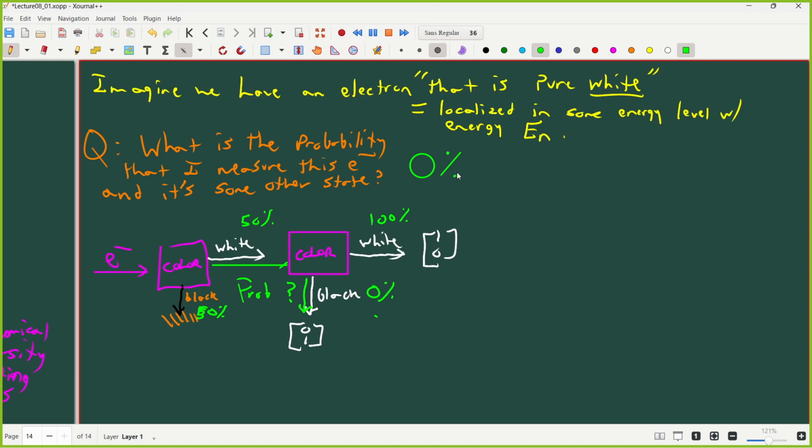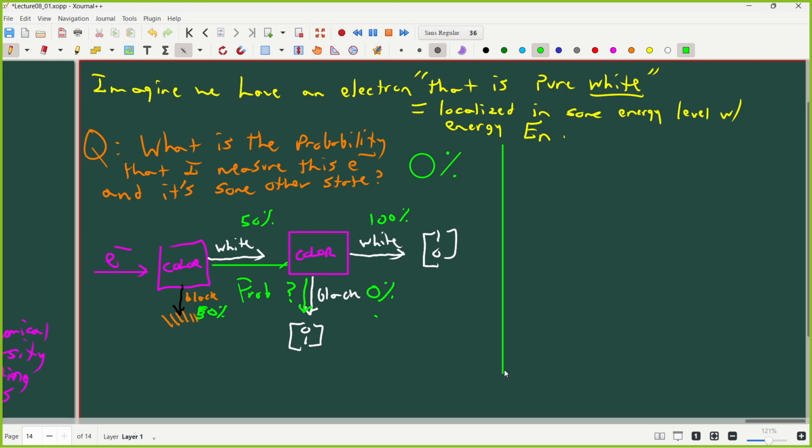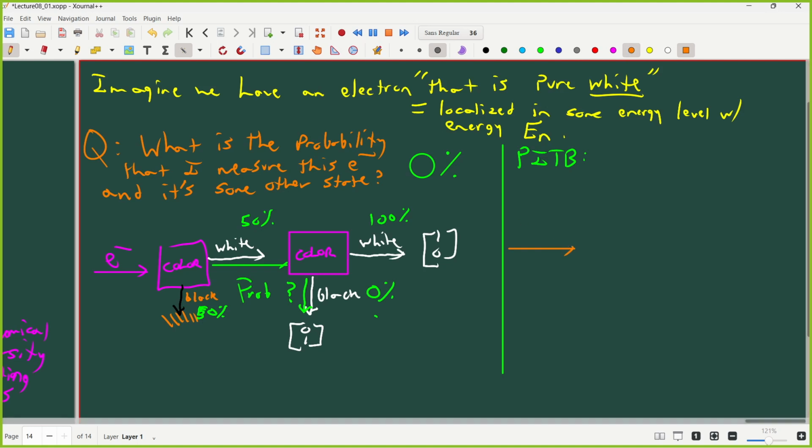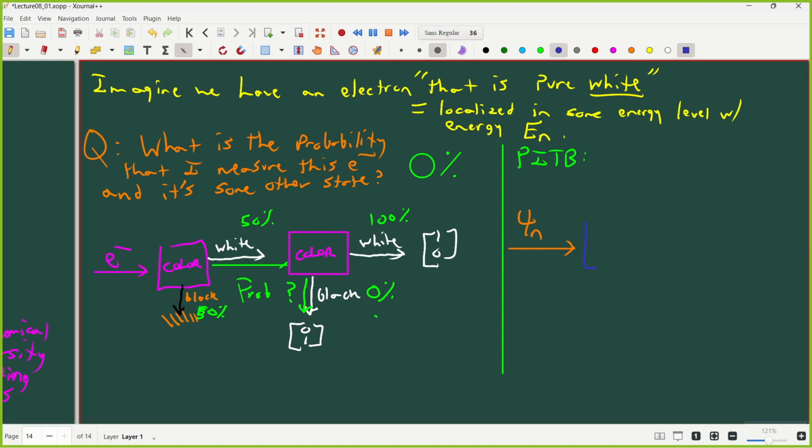And so therefore we can extrapolate this. Now let's do this question differently, with particle in the box instead. The idea is that we start with an electron in some state, psi sub n, and we put it into our Hamiltonian box, our energy box.